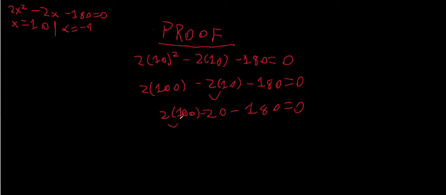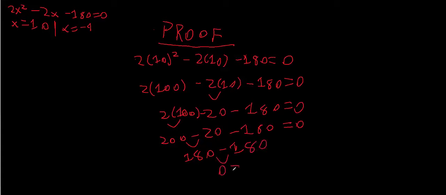Okay, that would be 200 minus 20 minus 180 equals 0. 200 minus 20 is 180. 180 minus 180 is equal to 0, which equals 0, and so our equation checks out.